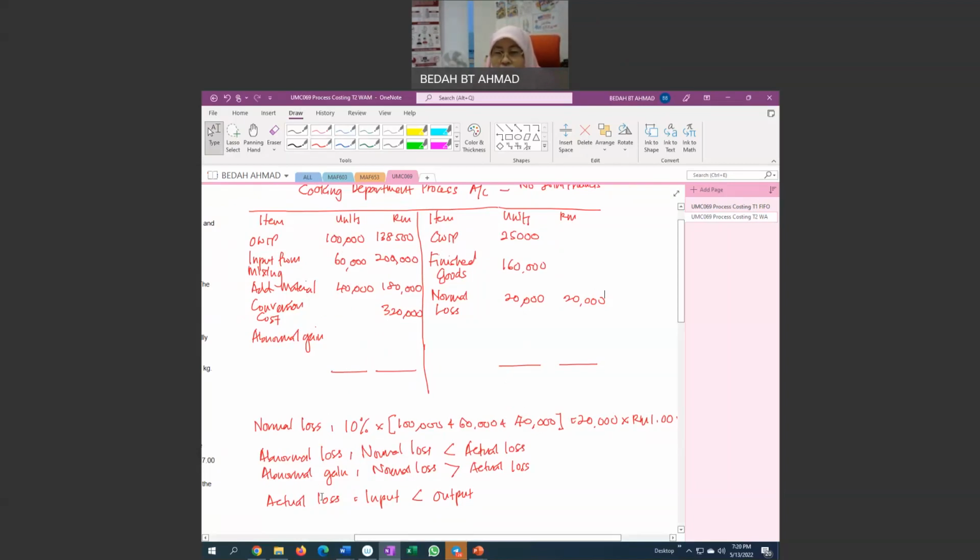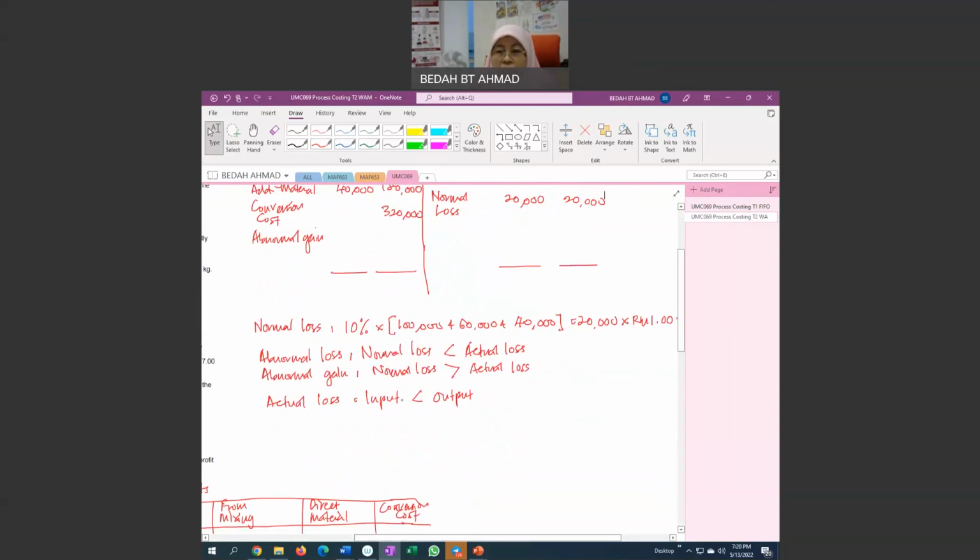So we need to decide whether the firm incurs an abnormal loss or has an abnormal gain. Abnormal loss is where the normal loss is less than the actual loss, so the actual loss is higher. If the actual loss is lower than the normal loss, that gives an abnormal gain. To determine the actual loss, we need to compare the input and the output. The normal loss we have computed is 20,000.